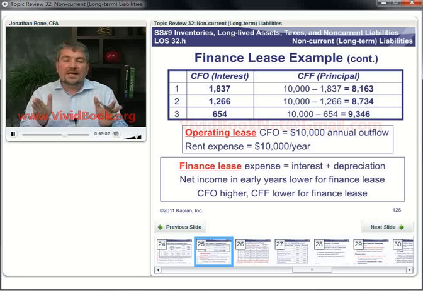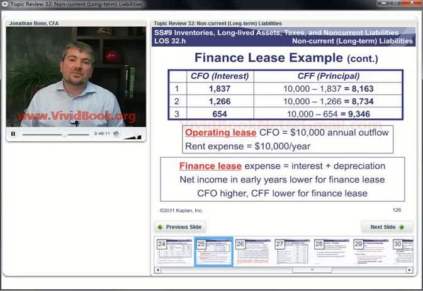But because the interest expense reduces over its life, interest plus depreciation will be smaller than the rental expense in later years, so net income would be higher in later years. Also notice your CFO is always going to be higher for a finance lease because only interest goes through CFO, whereas CFF is going to be lower for a finance lease because the principal payment goes through CFF.